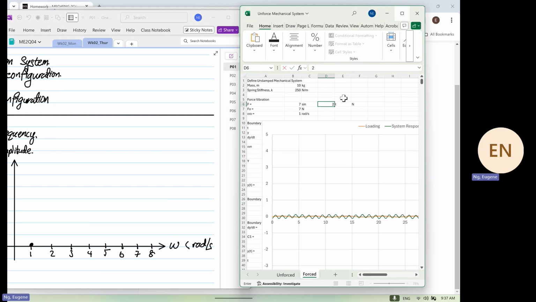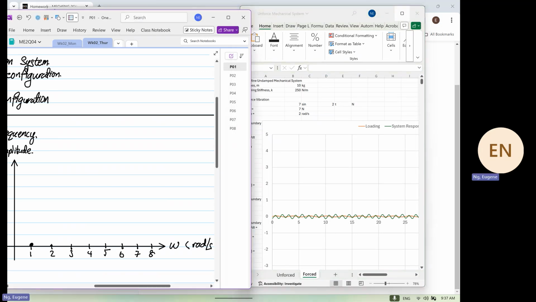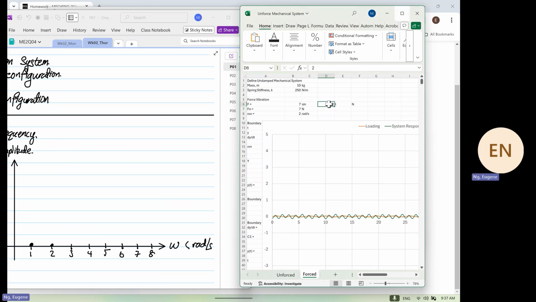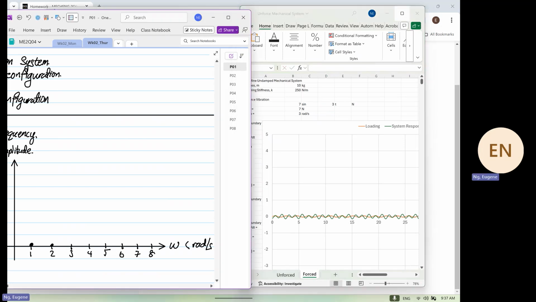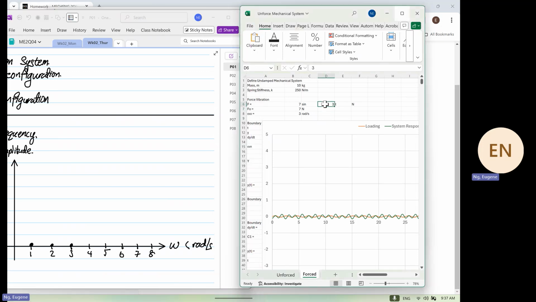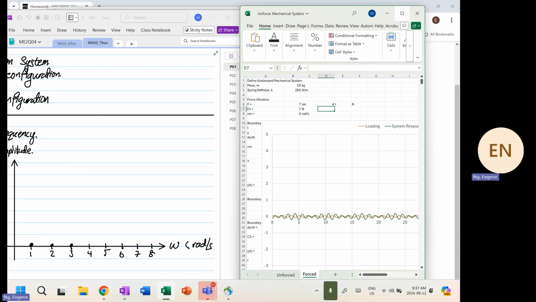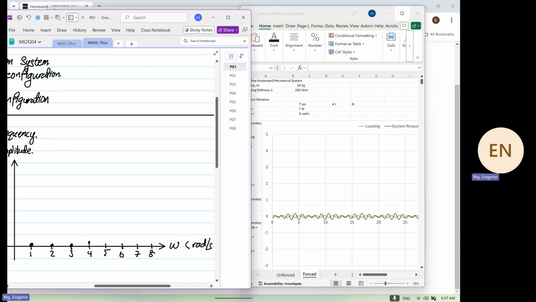And if I change this to 2, you will see that not a lot of change, right? Can you see what I'm changing, yes or no? Right? And then when I go to 3, nothing happening. And some of you say, Eugene, your equation might not be working. And then we go to 4. Again, we have a bit of increment, not a lot.